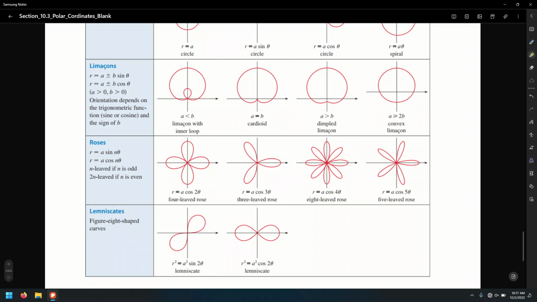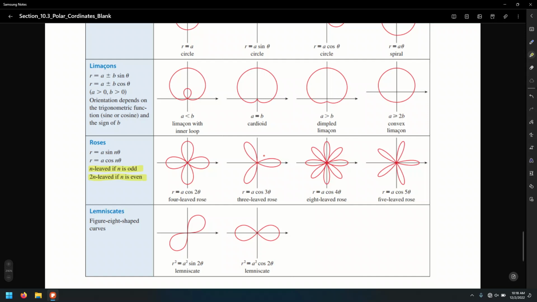Whenever n is odd, for example, if we have cosine 3 theta, that flower will have 3 petals in this case. However, whenever the multiple of the angle is even, for example, here we have a 2, the number of petals will be twice as many as this coefficient.